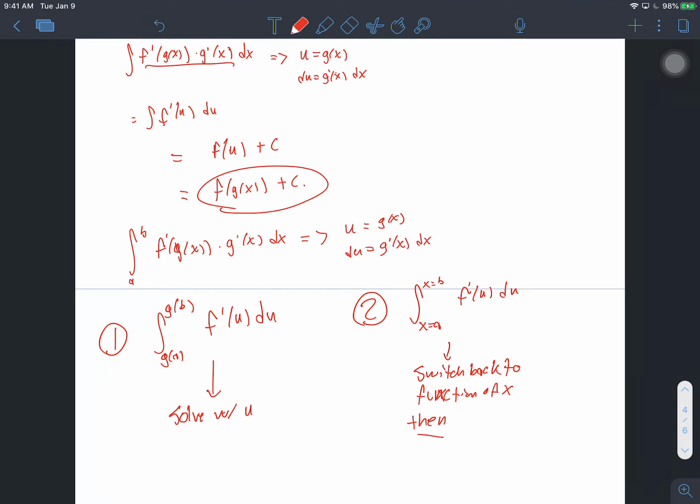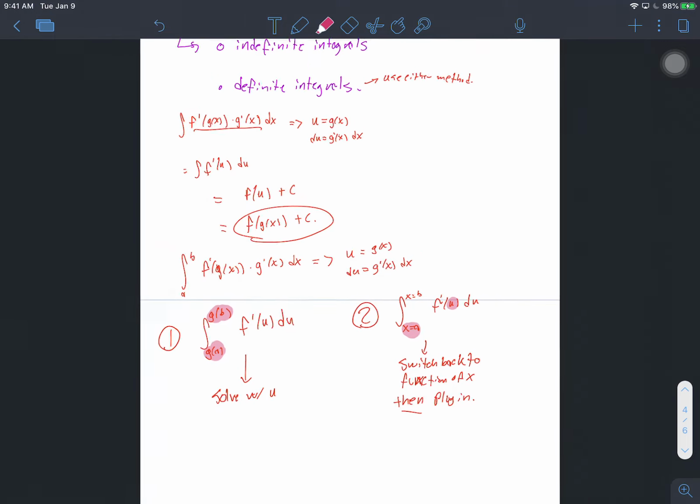And then, and only then, can we plug in. Because we want to make sure that we don't plug x values in for u, okay? Because those are x values, they aren't u values. So we either need to change them into u values, that's method 1, where we plug in g of a and g of b, or we need to leave them as x values and then make sure we change back to x before we plug in. Those are the two options.